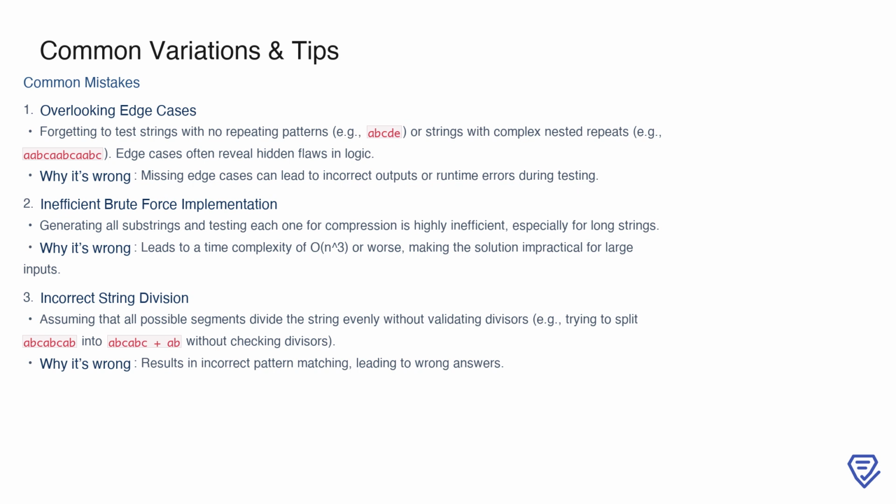In addition to the DP table, the algorithm uses temporary variables like substring, repeat_sub, and encoded during the computation. These variables store strings of at most length n, requiring n space. However, since n is negligible when compared to n squared, the overall space complexity is dominated by the DP table, giving us a total space complexity of n squared.